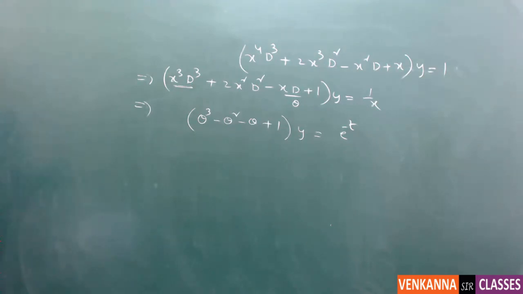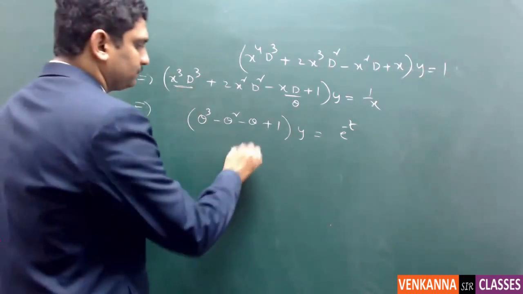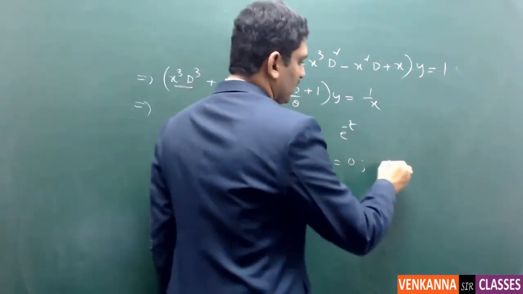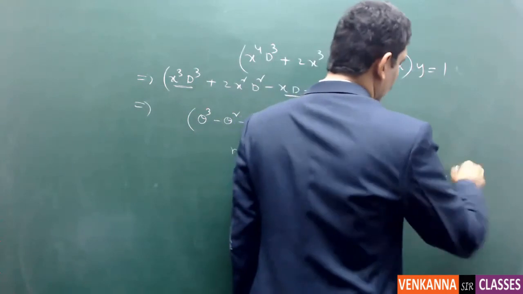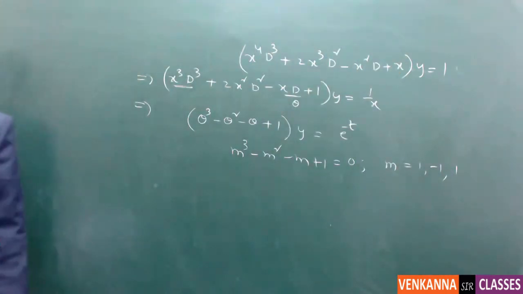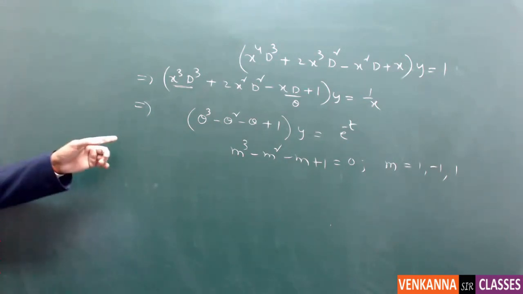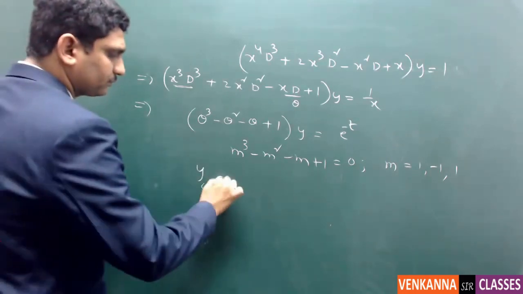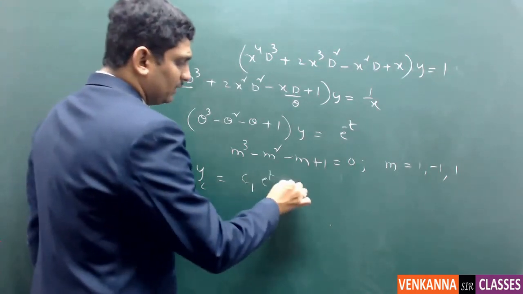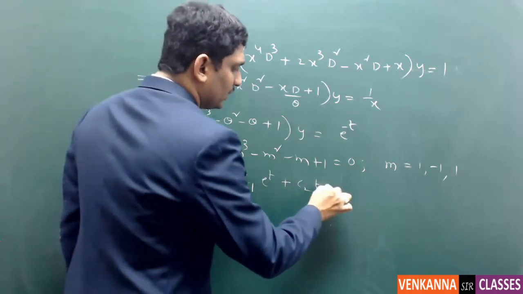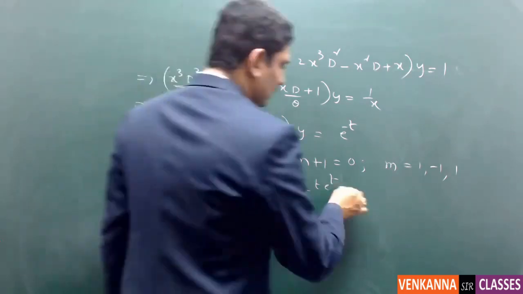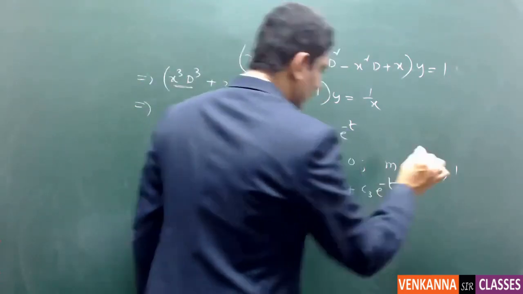Fine. If you find the roots of it, m cube minus m square minus m plus 1 equal to 0, m comes as 1, minus 1, 1. So the corresponding YC is given by C1 e power t plus C2 t e power t, because 1 is the repeated root, and then C3 e power minus t.